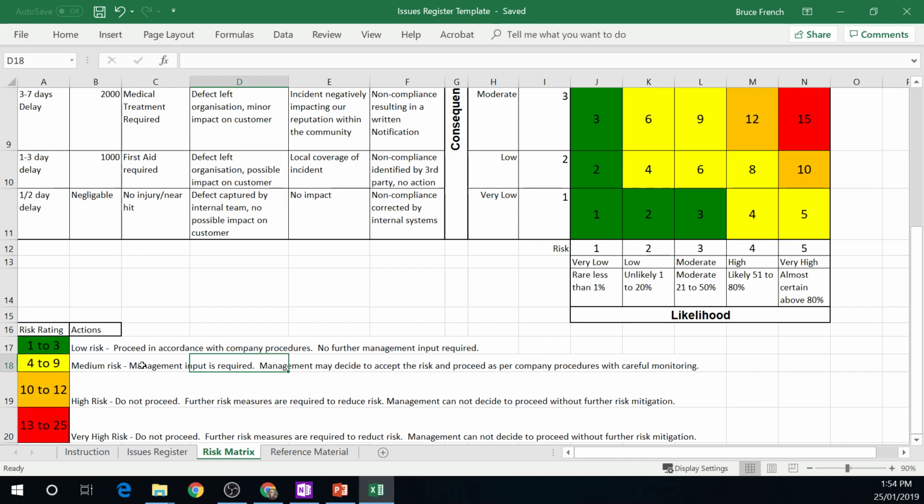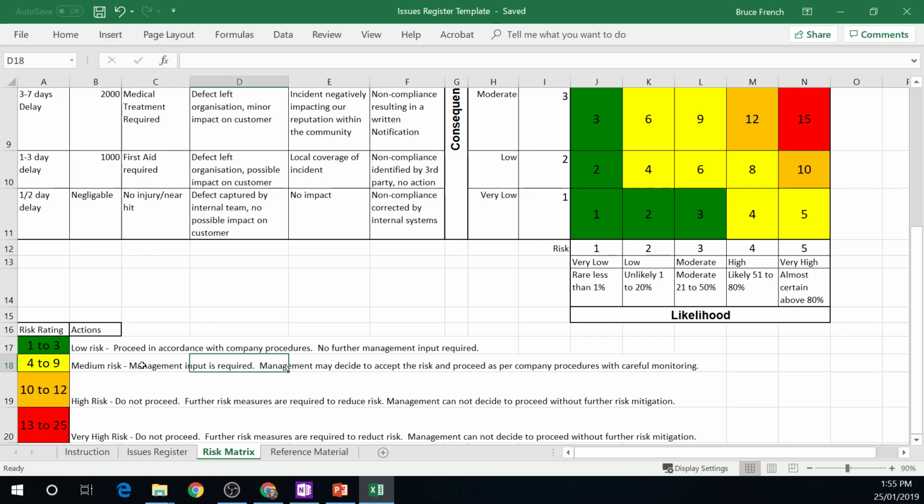So if we come down to the risk ratings here, we'll see it's a medium level of risk and management input is required. What's meant by that is that it's now a decision that needs to be raised to management, and this decision is going to be based on the tolerance the organisation has towards that level of risk.